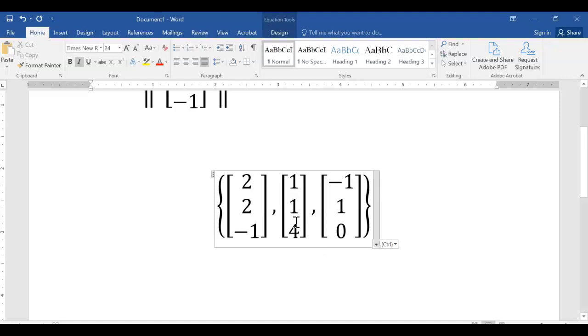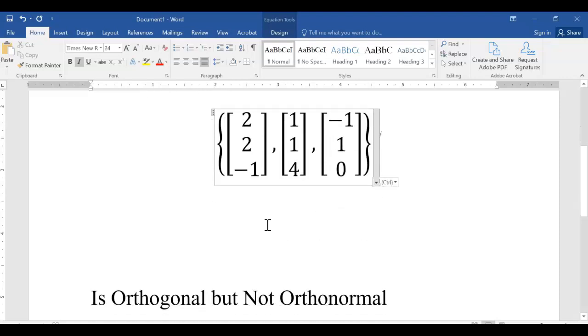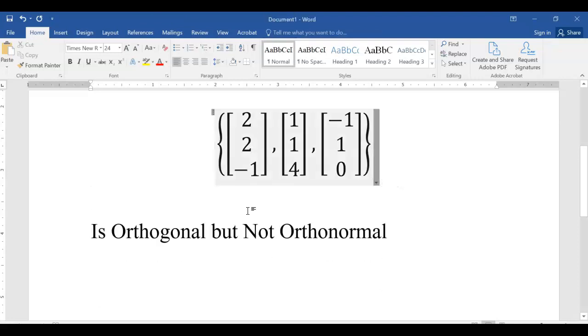And if you take 1, 1, 4 and inner product it with -1, 1, 0, you get a 0. So basically, this is an orthogonal set, but it is not orthonormal. Just like my previous example was a set whose vectors were all length 1, but not orthogonal. So this one is orthogonal, but not orthonormal.